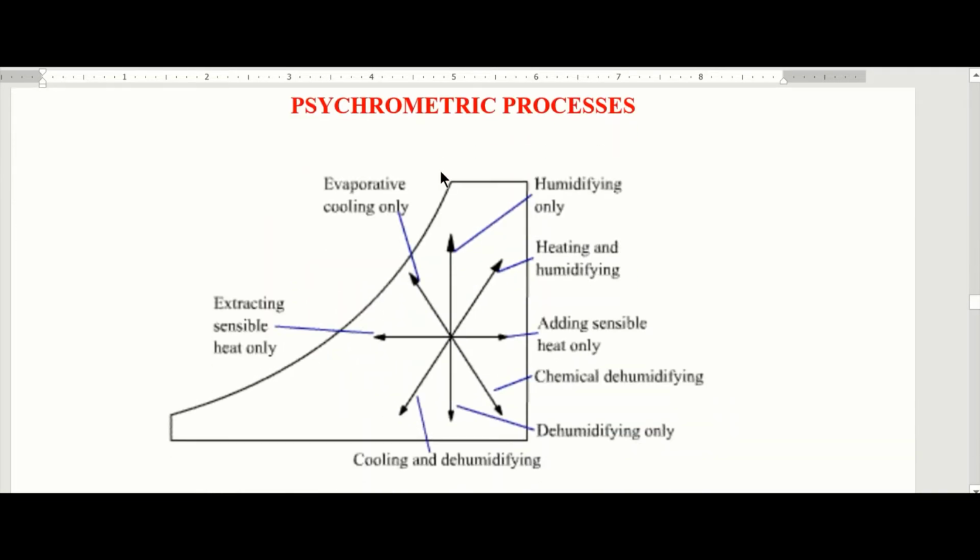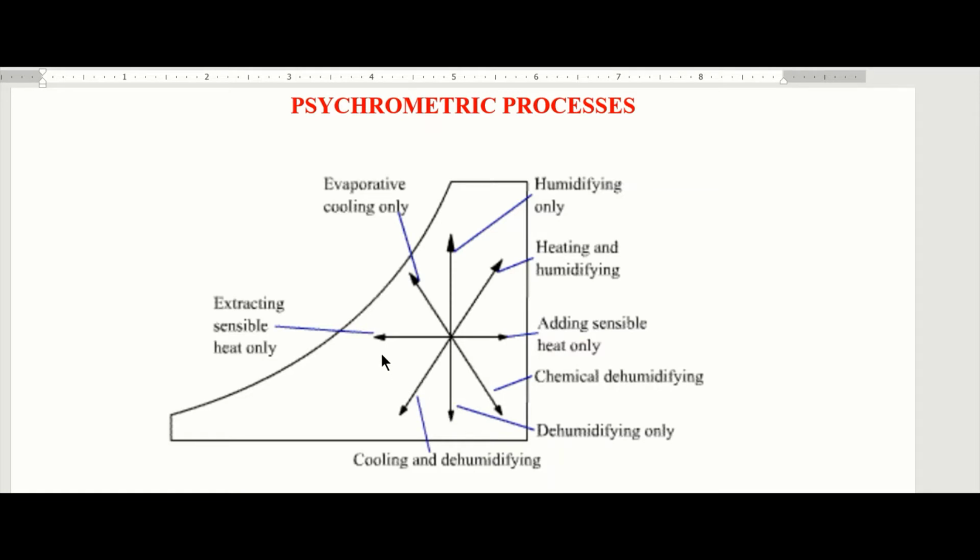The chart here shows the different types of psychrometric processes, which we shall be explaining in this video. So for a vertical line on the psychrometric chart, as you can see, it is humidifying and dehumidifying. When the line is going up, it is humidifying, and when it is going down, it is dehumidifying.